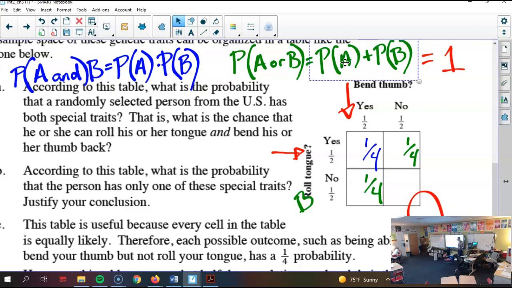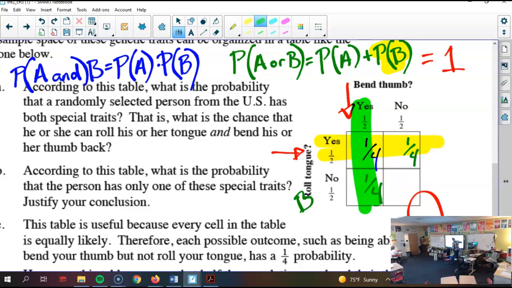So this is yes plus yes, and then we need to subtract the both-yeses, the 1/4 that's blue. That's what we would need to subtract.